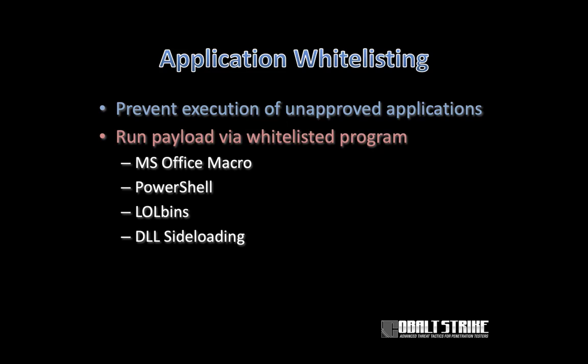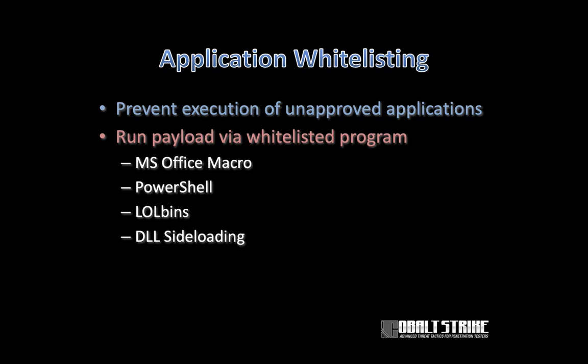Now let's say that the application whitelisting technology is a very, very broad whitelist. For example, the technology may have a setting that says, hey, we're going to allow anything that is a Microsoft signed binary to run. Well, if that's the case, then you get into the realm of LOLBins, or living off the land binaries.